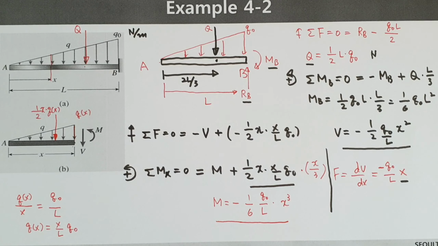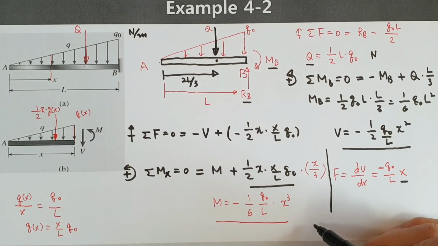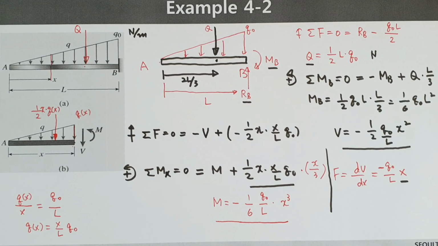Anyway, our final interest is to find the maximum value of bending moment. When you take this derivative dM/dx, which is equal to 0, then this point x equals L, the bending moment is the maximum value you can have.